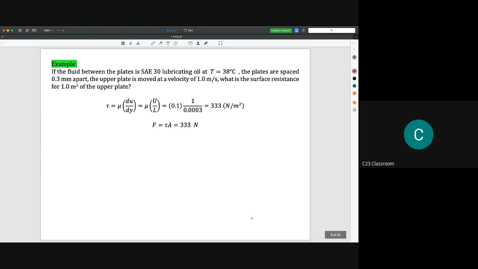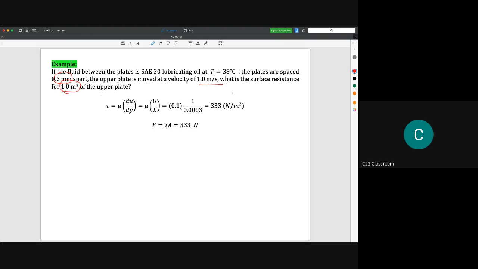This is just an example I take from the textbooks. For example, if the fluid between the plates is SAE 30 lubricating oil at T equal to 38 degrees Celsius, the plates are spaced 0.3 millimeters apart here, and the upper plate is moved at a velocity of 1 meter per second. What is the surface resistance for 1 meter square of the upper plate?